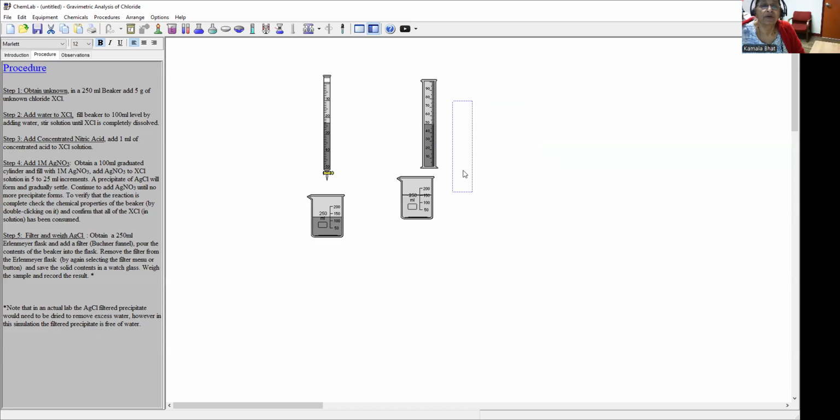And then now we have to keep an eye whether there is, again, we pour a little bit more and stop it. And we make sure that all the precipitate is settled at the bottom.